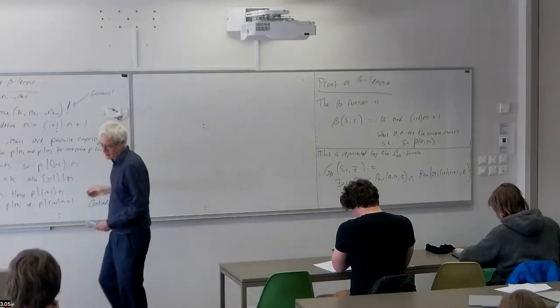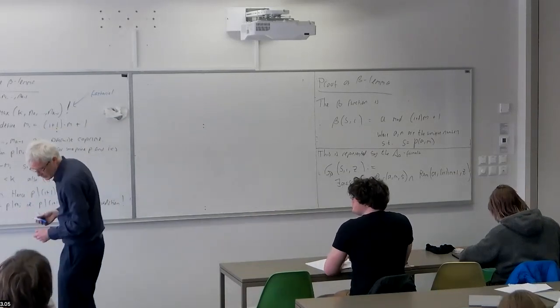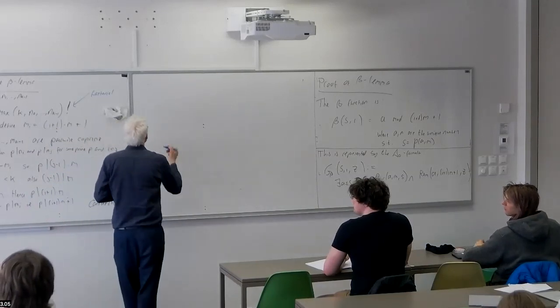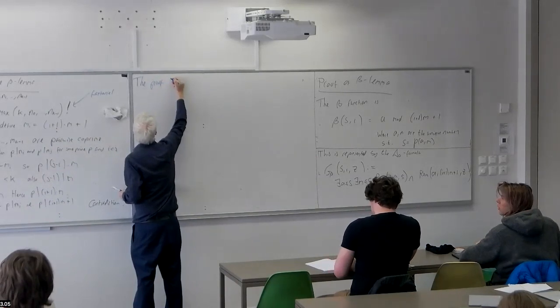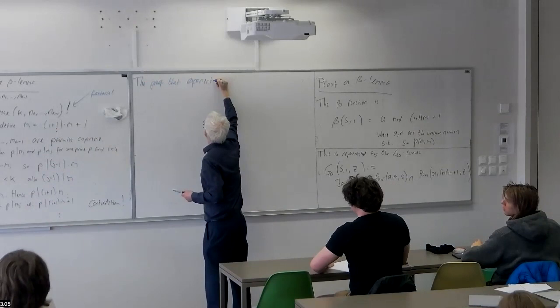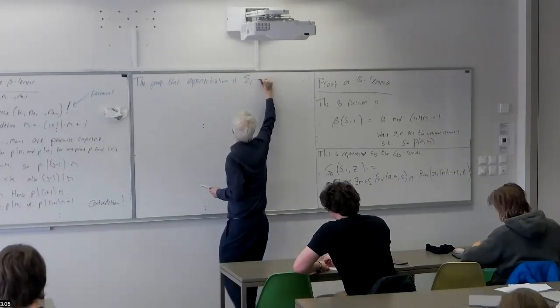And we showed that the exponentiation function is, well, there's a mistake in the notes, sigma 1 representable. Exponentiation is sigma 1 representable.